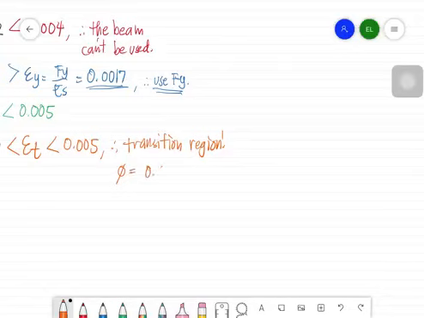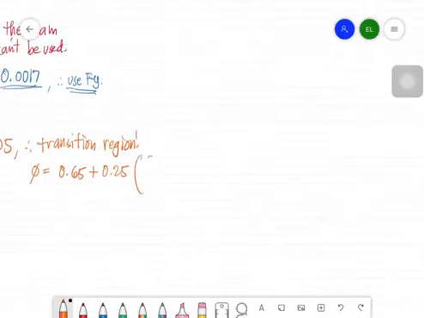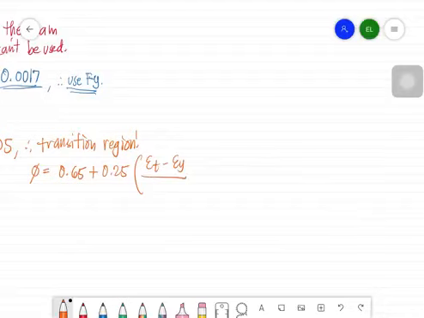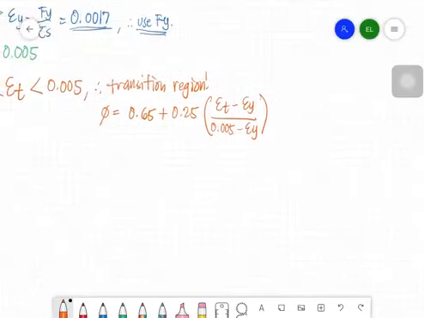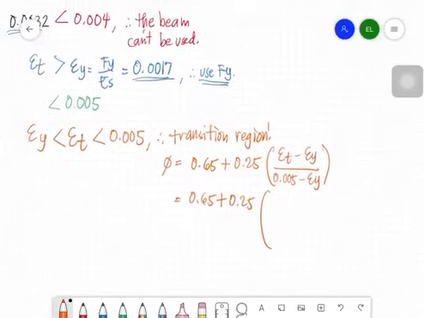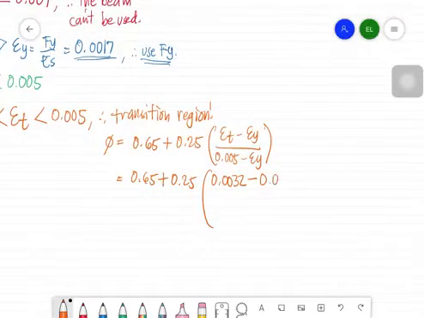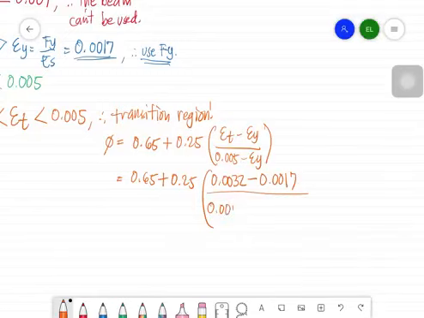So that is phi equal to 0.65 plus 0.25 times strain T minus strain Y, over 0.005 minus strain Y. This is equal to 0.65 plus 0.25 times 0.0032 minus 0.0017, all over 0.005 minus 0.0017.